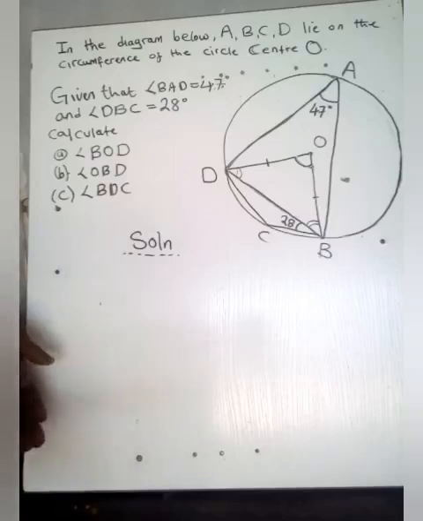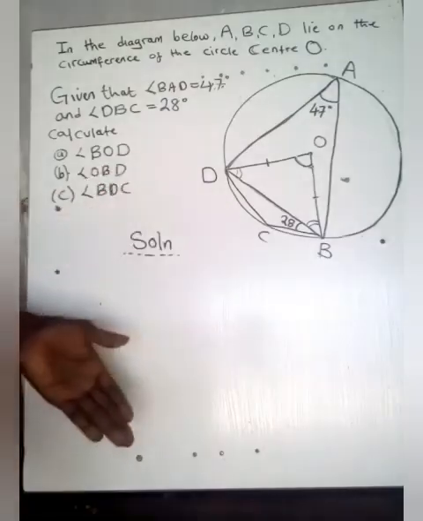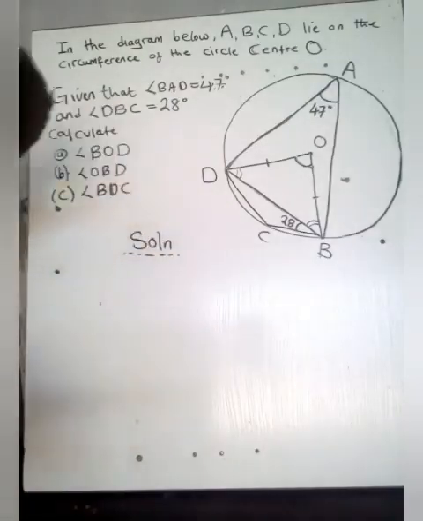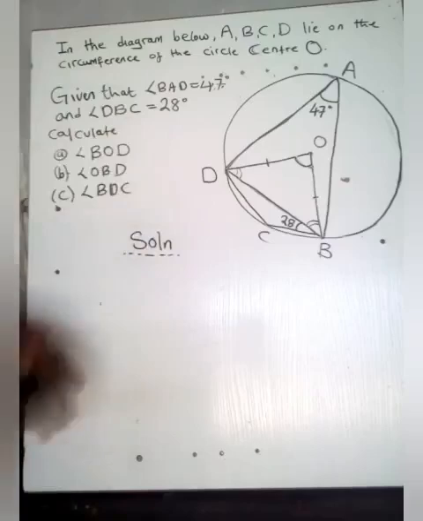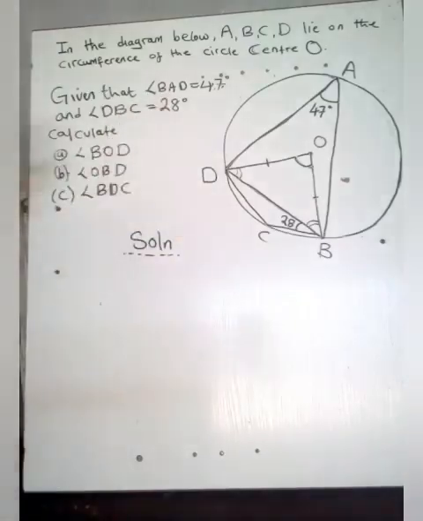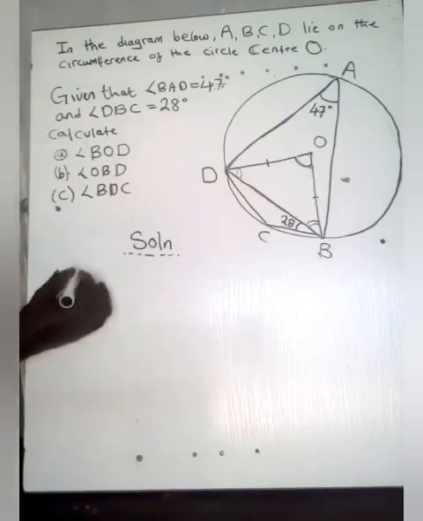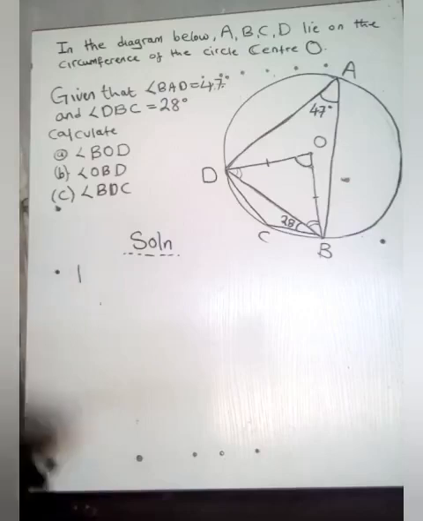When I find those opposite angles adding up to 180, then I can calculate these others. These 3 theories I've talked about are the ones that we're going to use to calculate these questions. Okay, so let's start solving. So the first question says calculate angle BOD. So we're going to number 1, calculate angle.